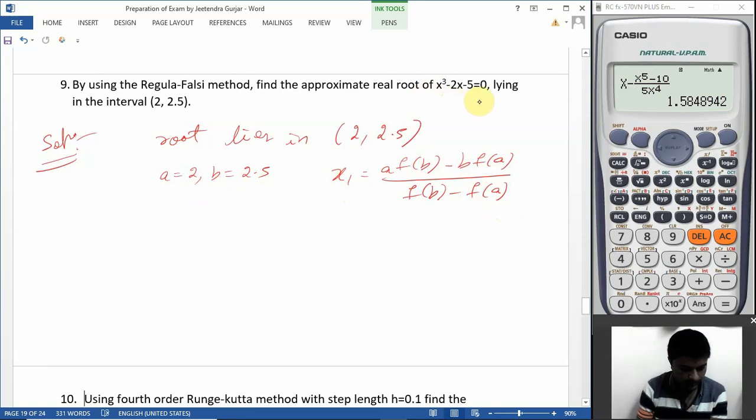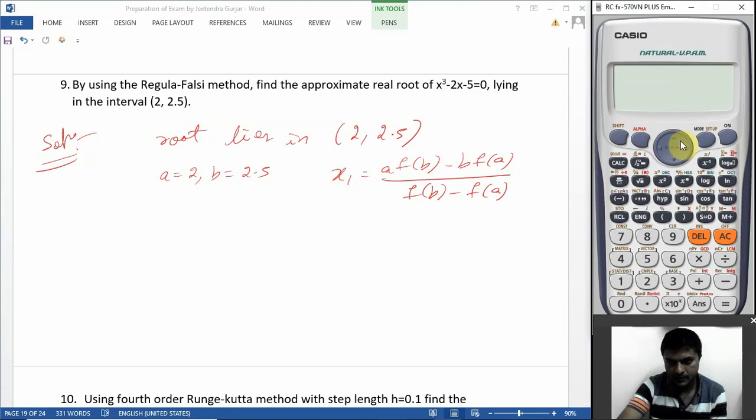So that implies the roots will change every time. Root lies in 2.0754 comma 2.5. Is it clear, students? So in the same way you are going to continue.